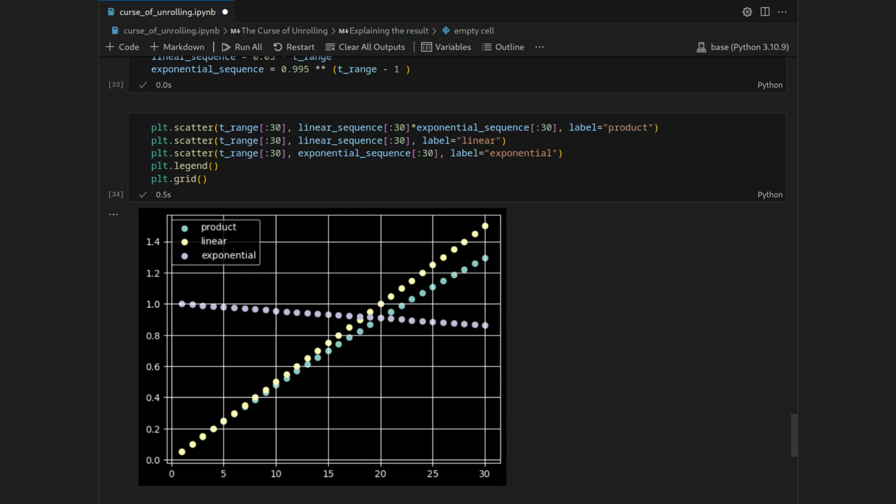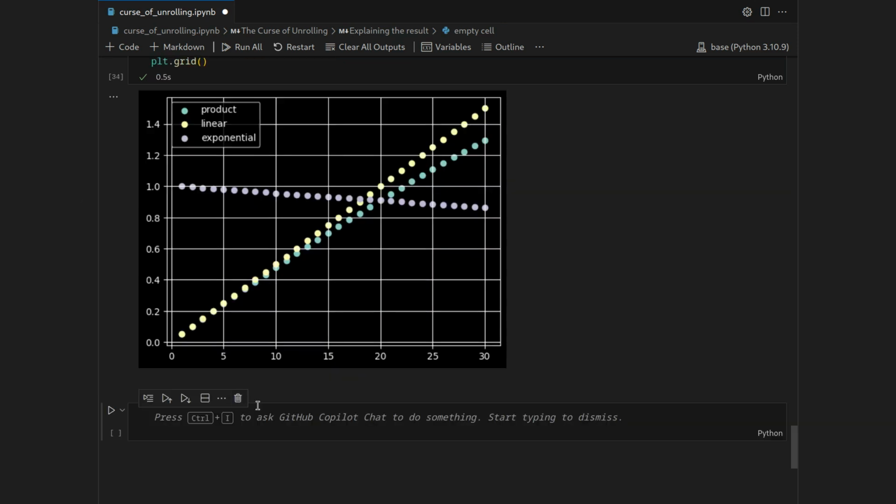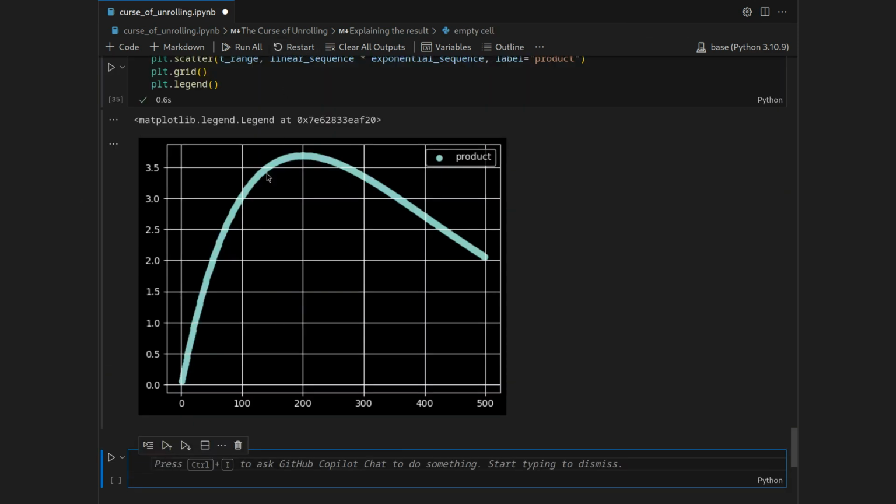However, if we look at a longer range, so let's plot the product only over the 500, we see that in the beginning, for these first 30, the linear term was dominant, and it still keeps being dominant until this inflection point. And at this point, the exponential term kicks in and is way stronger and ultimately causes the linear decay we see.